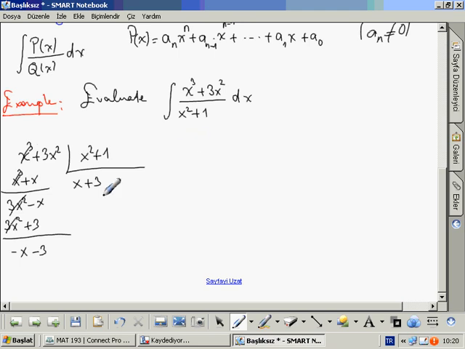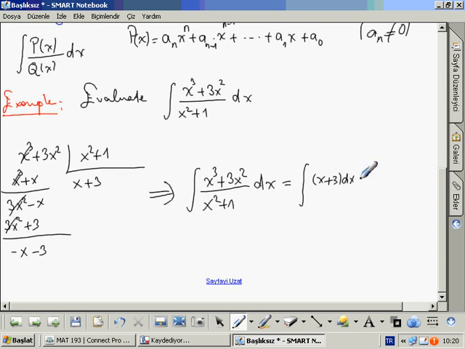So we can write this integral of x cubed plus 3x squared over x squared plus 1 dx equals the integral of x plus 3 dx minus the integral of x over x squared plus 1 dx, and minus 3 times the integral of dx over x squared plus 1.